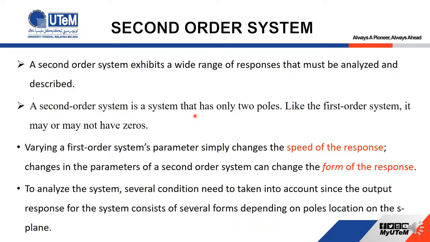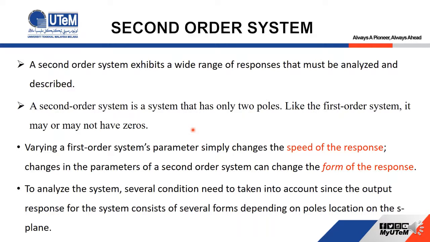Unlike the first order system, which changes speed when the parameter is changed, for a second order system the changes of the parameters will also change the form of the response. This is because analysis of the second order system is more complex compared to the first order system, as more quantities have to be measured in the transient response.